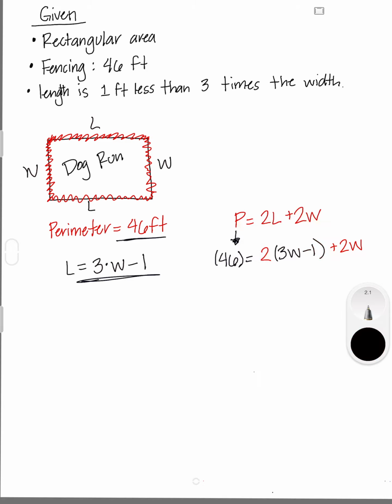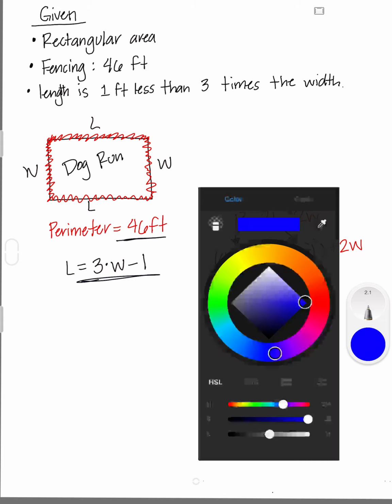So I replaced my perimeter value and my length. Now I'm noticing here that we have 2 times the parentheses 3W minus 1. We're going to apply the distributive property. Remember that the distributive property says that whatever we have outside of the parentheses will multiply whatever we have inside of the parentheses.